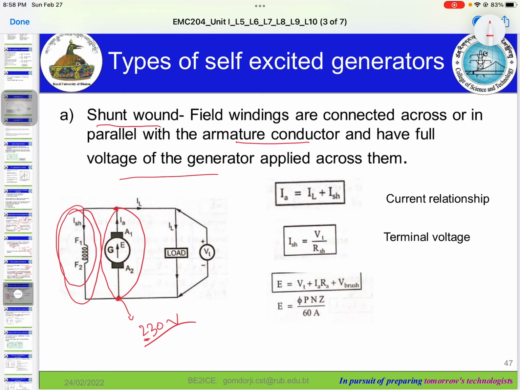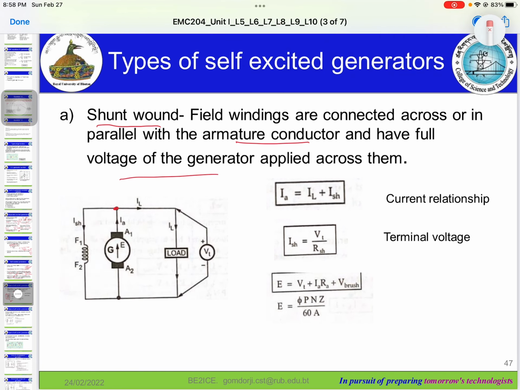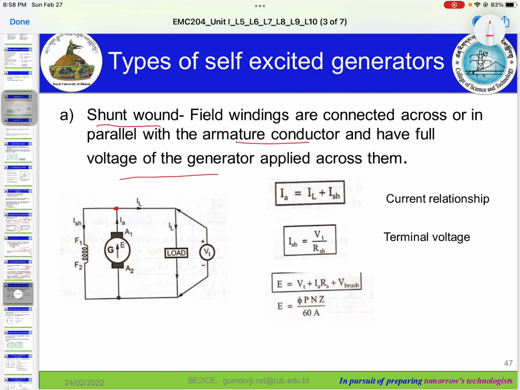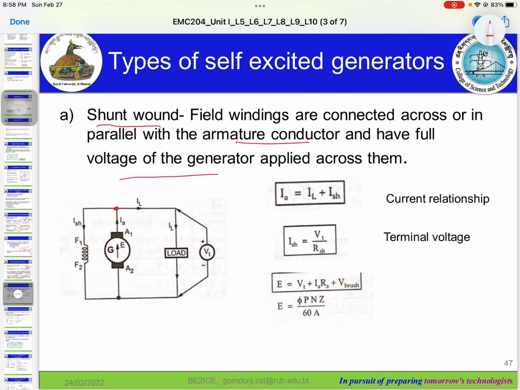Looking at this connection here, you can derive the relationship between the field current, the armature current, and the load current. At this point you have three current paths.